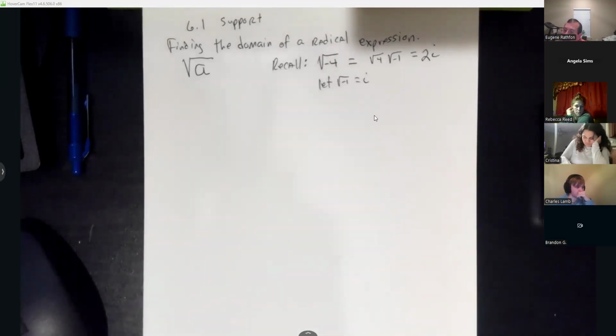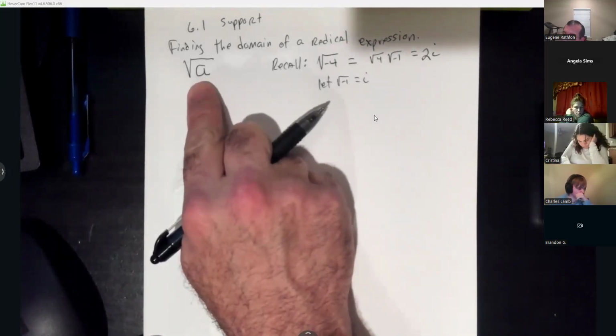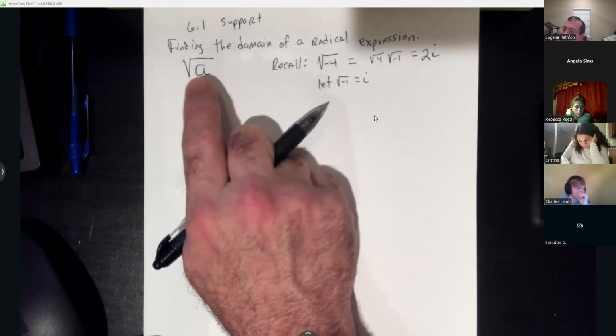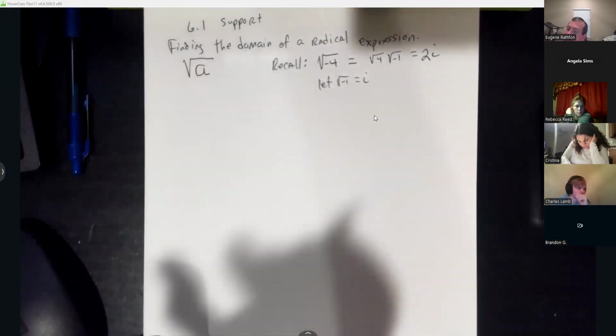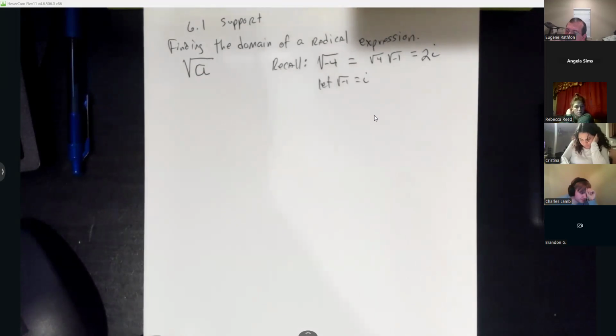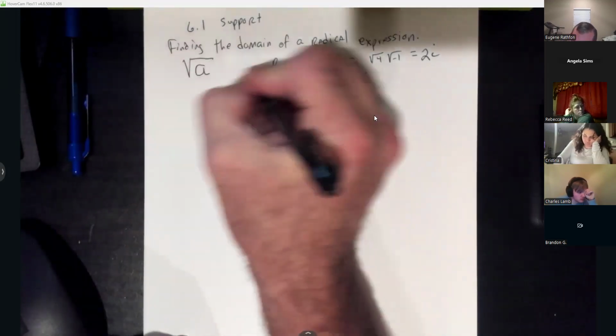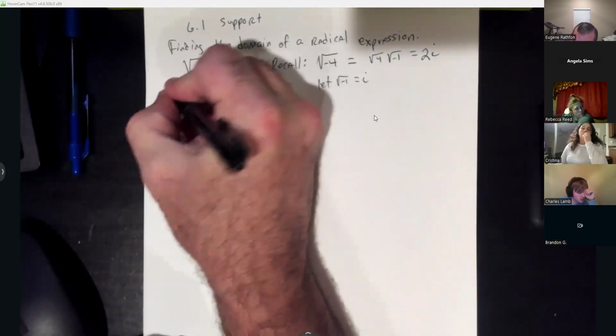So when we look at our domain, 0 is the smallest number that can be under here when you take the square root, okay? So let's put our steps to finding the domain.